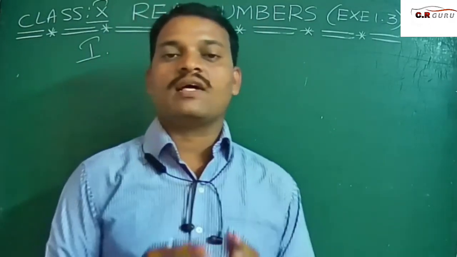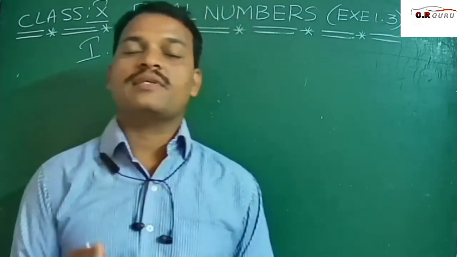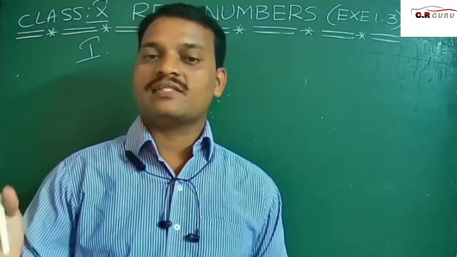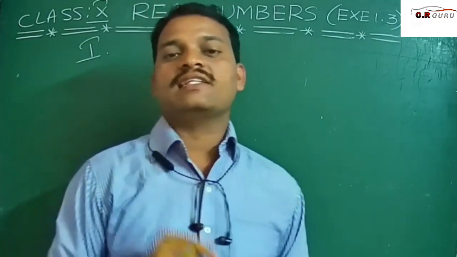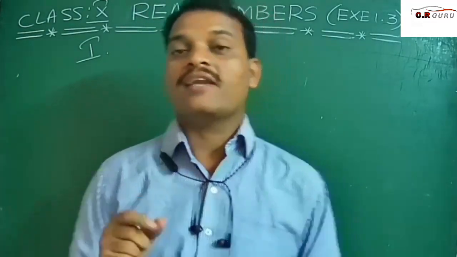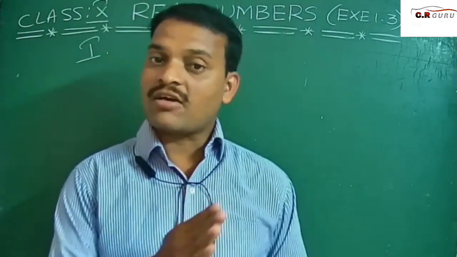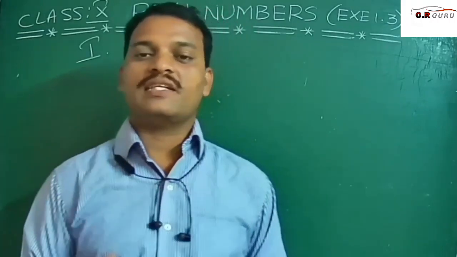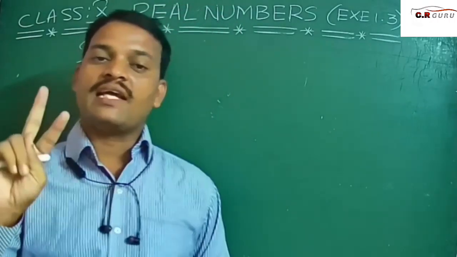First of all, what does terminating decimal mean? A terminating decimal is one where the decimal will terminate, meaning somewhere it will end. A non-terminating decimal cannot end, it goes up to infinity. Here two types are there: repeating and non-repeating.